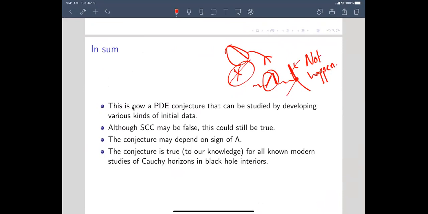Yeah, that's absolutely fine. Very, very good point. So, I drew it like this, and I said this doesn't happen, but I could have very well drawn it like this and said this doesn't happen. Or in fact, if this happens, and then this is a Cauchy horizon, that satisfies the conjecture.